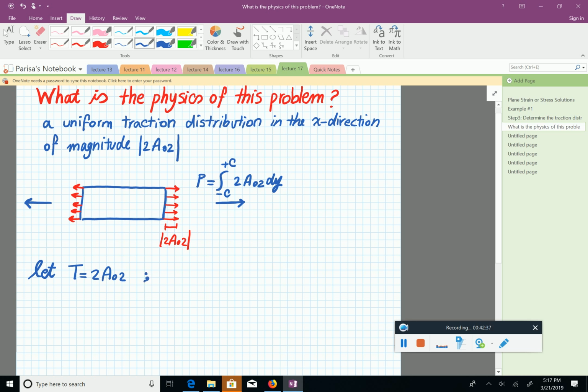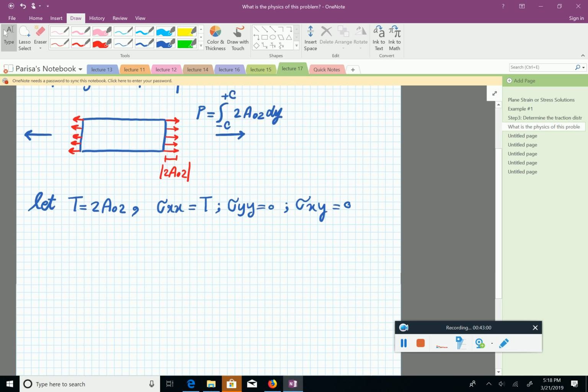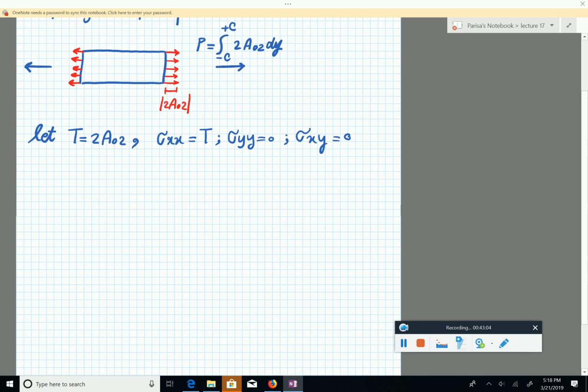If we assume that, then sigma xx is simply t, sigma xy and yy are 0. And now we want to find the strain solution, because we never really solved a problem to the end, and we want to now solve it to the end.